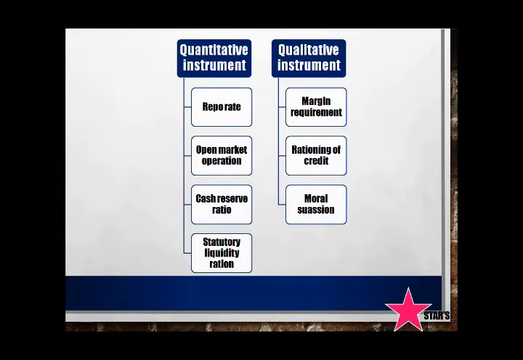Qualitative instruments, on the other hand, are the instruments of selective credit control, or those instruments which concentrate more on the advice to the banking institution rather than policy rates like repo rate, reverse repo rate, CRR, SLR, etc. So, quantitative instruments of monetary policies are repo rate, open market operation, cash reserve ratio, statutory liquidity ratio, and qualitative instruments are margin requirement, rationing of credit, and Moral Suasion. So, let's start.